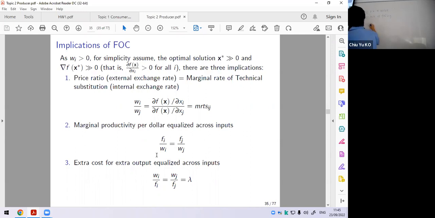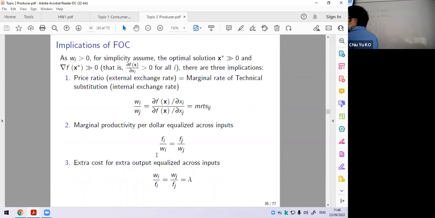How many units of i do I have? 1 over Wi units of i. Now if I have 1 unit of i, how much more do I produce?